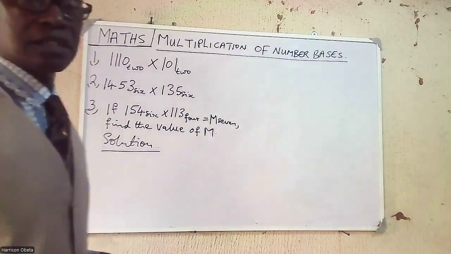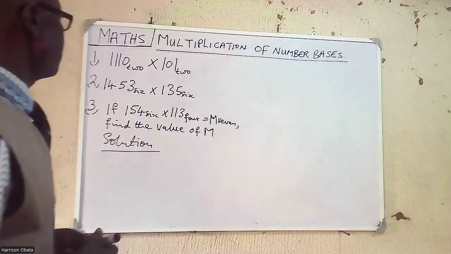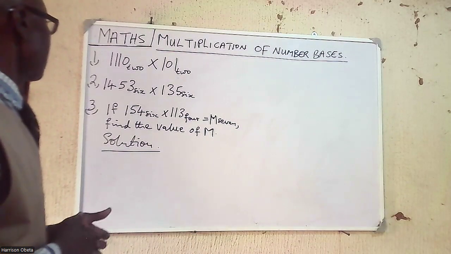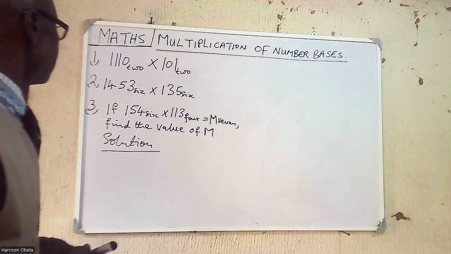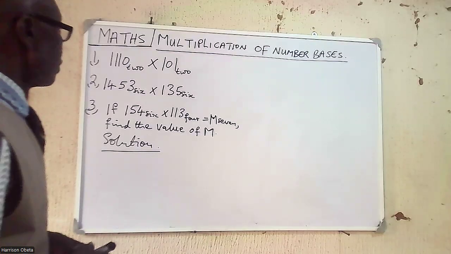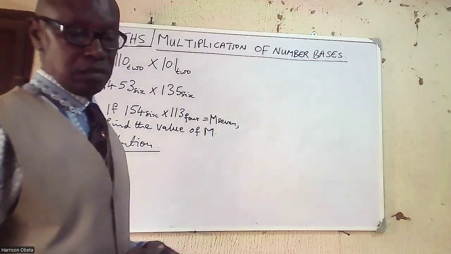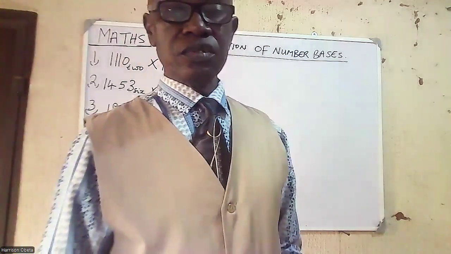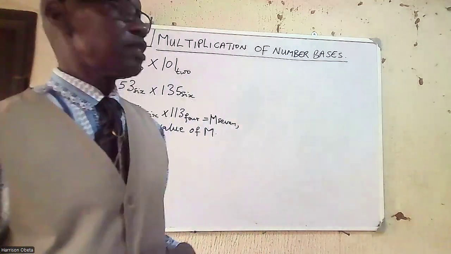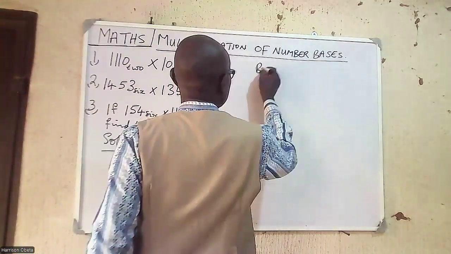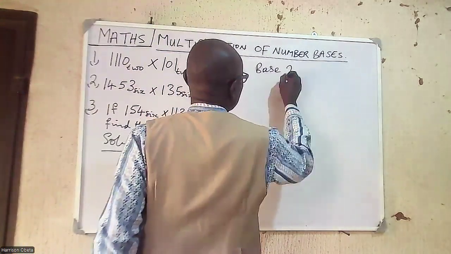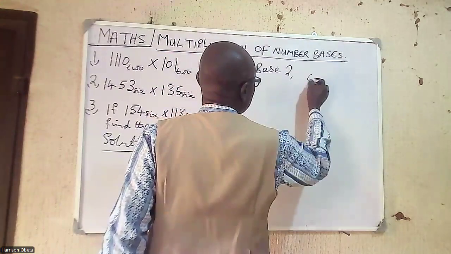Before I start, let me go back a bit to something concerning number bases. If you are talking of number bases, for instance, base 2 is binary, the numbers we can get in base 2 is only 0 and 1.